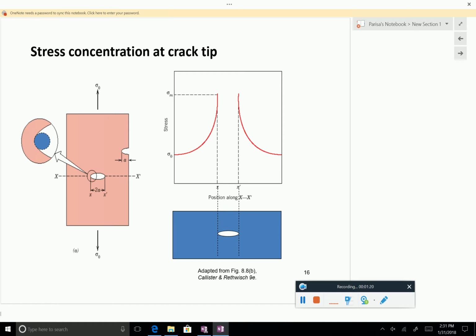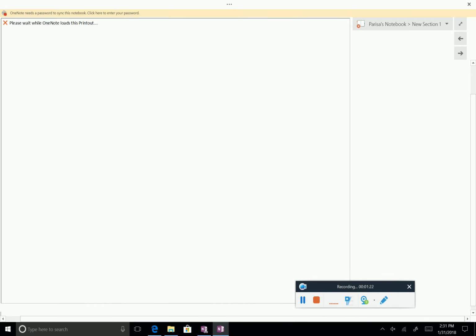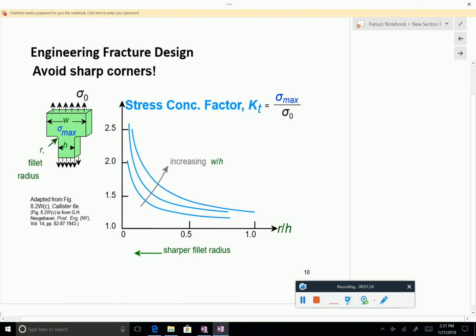And of course, if it is not as sharp, you have less. And I told you at the end that what you want to prevent or avoid is always having sharp corners or very abrupt changes in geometry, because your stress concentration factor may be then very large.